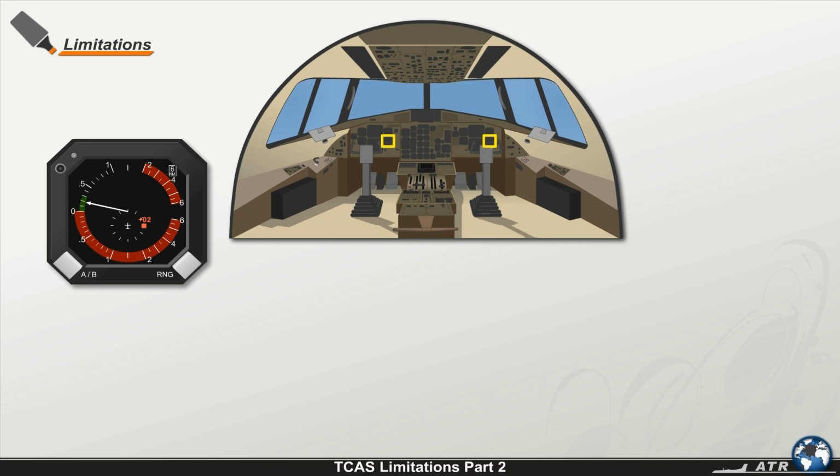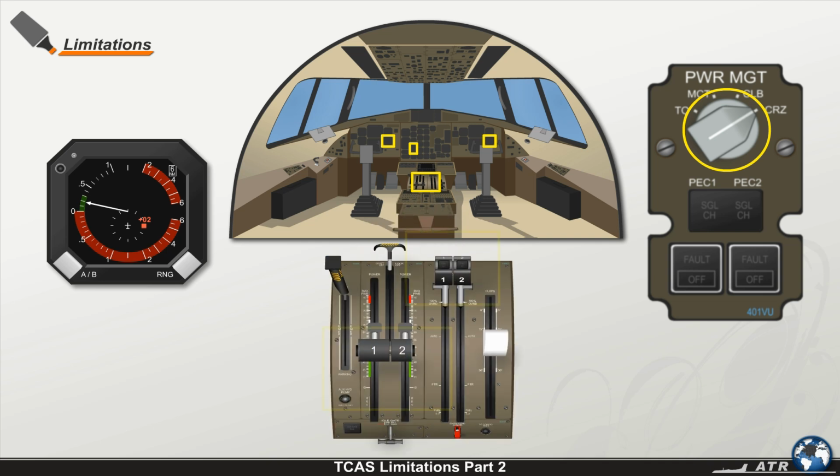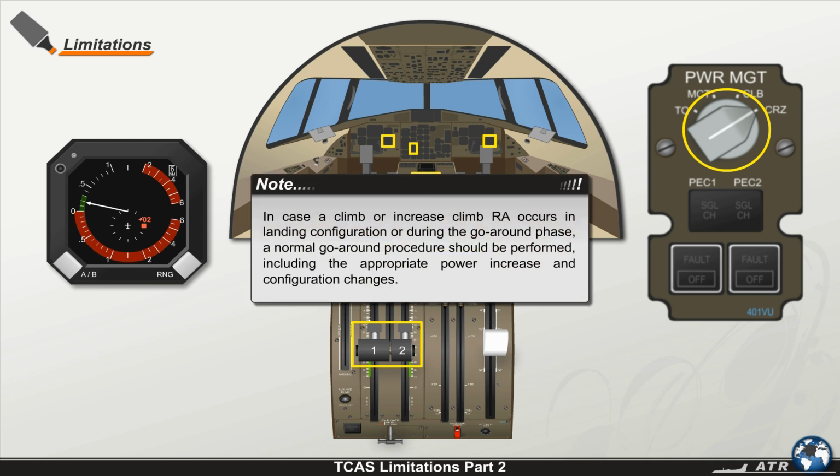Note that if the intruder traffic altitude information is lost during the resolution advisory, the TCAS oral message, Clear of conflict, will not be generated. Before complying with a resolution advisory requiring the aircraft to climb or to increase the rate of climb, the crew shall select the appropriate power setting on the Power Management Rotary Selector and, if necessary, adjust the power and condition levers.